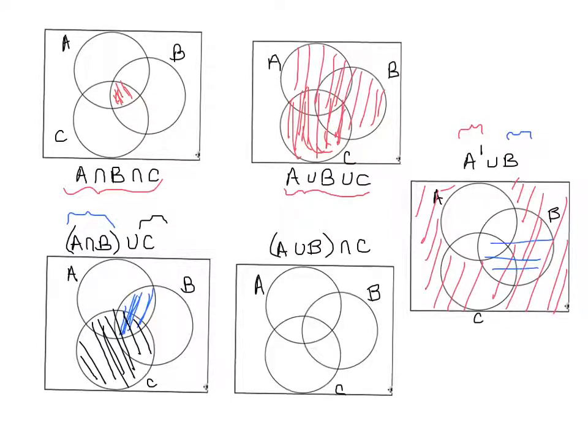And again, it's the union, so it's everything in both sets, everything in A complement as well as everything in B. All right, so this one, the only one that's not shaded, is the trickiest one because of the intersection.